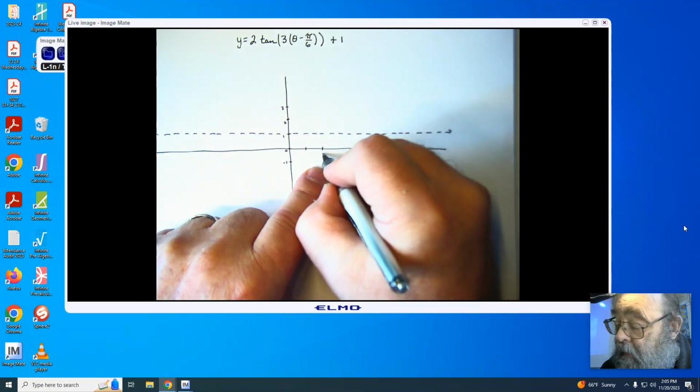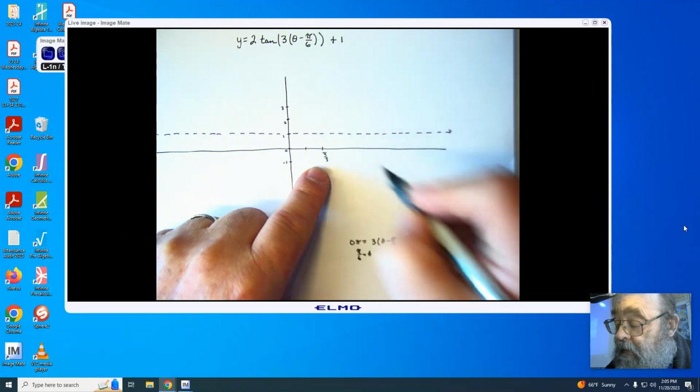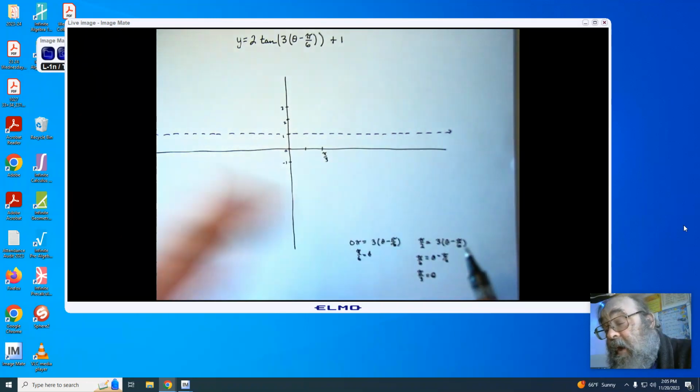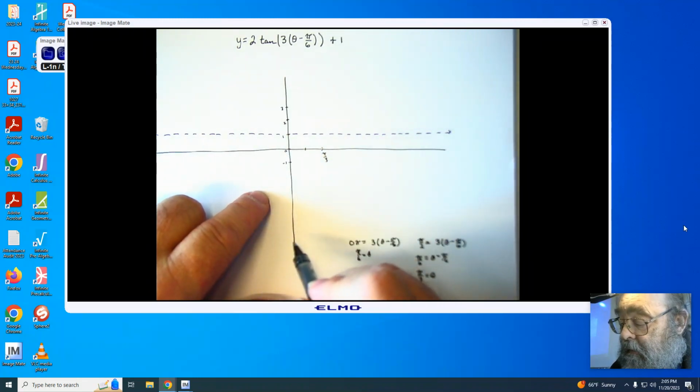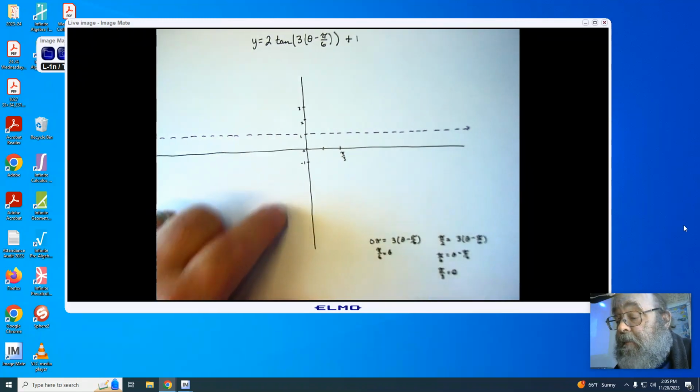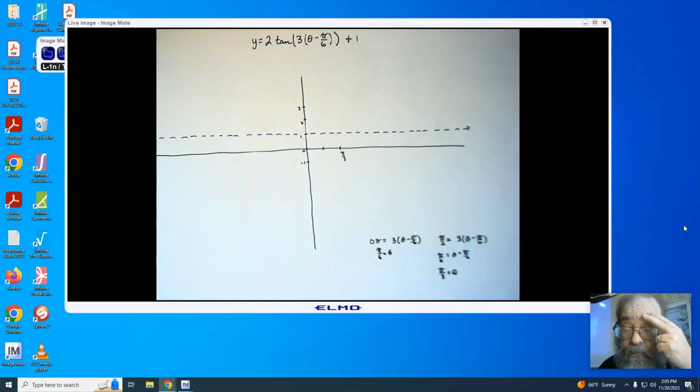This is at pi over 3. Now the other asymptote has to be equidistant, which means that it's now at 0 pi. Now we could check that by taking pi over 2, setting it negative pi over 2, and equaling 3 times theta minus pi over 6. And we will find out that it's at 0.